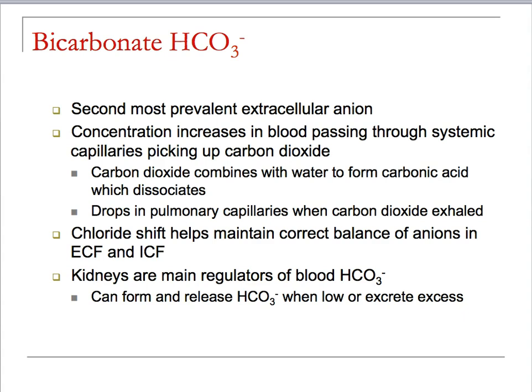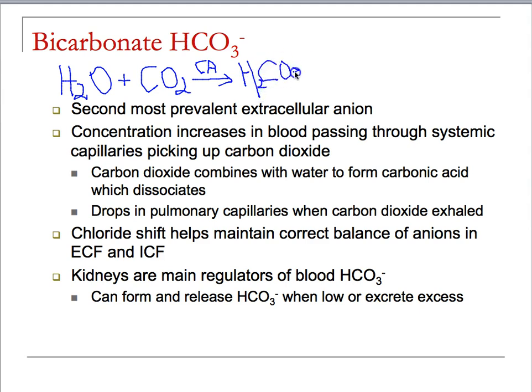We start getting to bicarbonate, and everybody remembers this. I could just go like this. H2O plus CO2 in the presence of carbonic anhydrase is going to give us first the acid H2CO3, right?